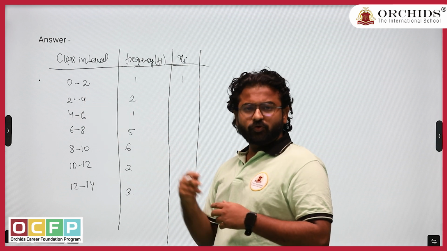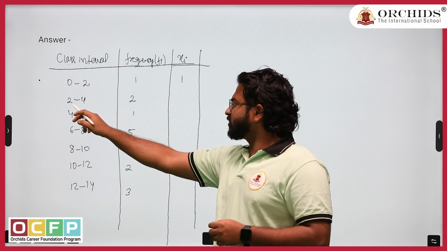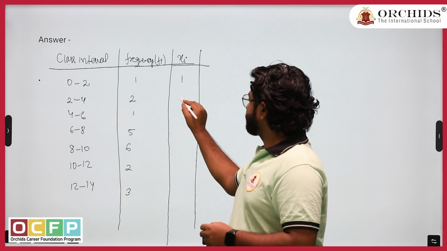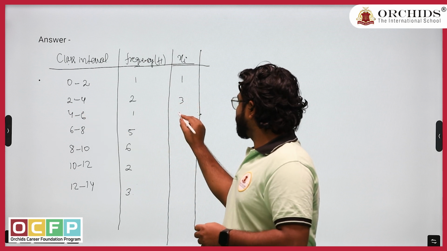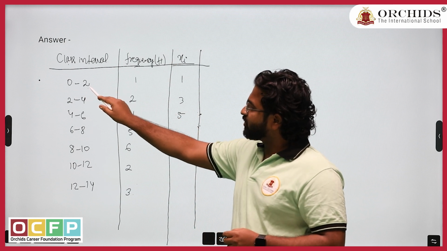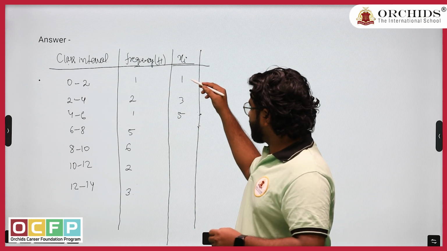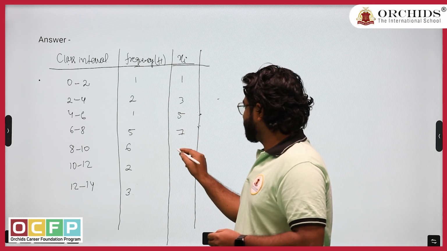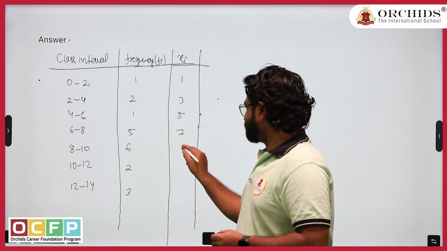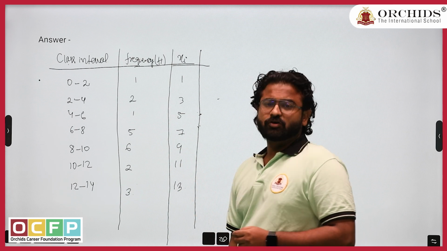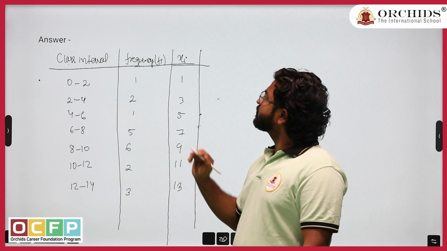Or with the shortcut, the middle value from 2 to 4 is 3, then the middle value 5. If you look carefully, whatever your class size is, I am increasing in the same order. So we can write 7, then 9, then 11 and then 13. This is my class mark.